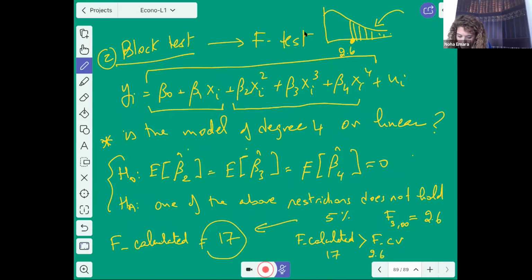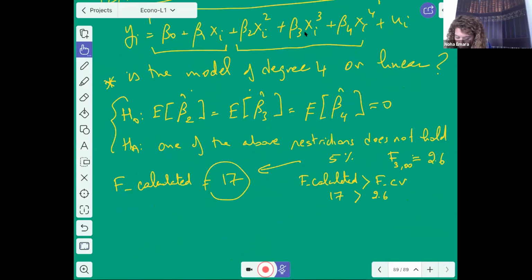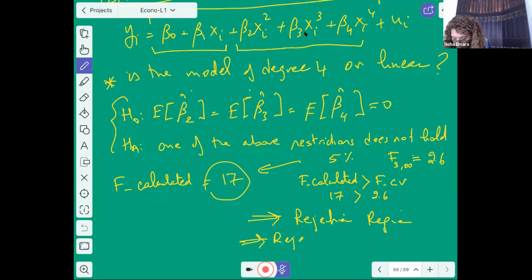So we are in the rejection region. So our conclusion would be that we reject the null. I'm rejecting that they are equal to 0.